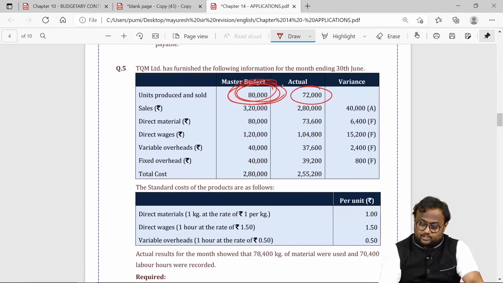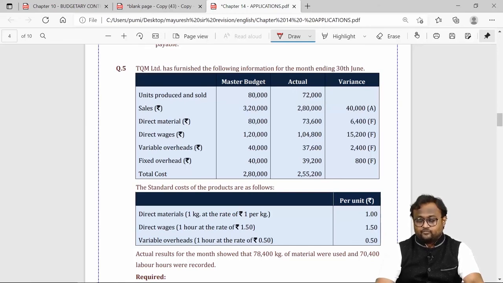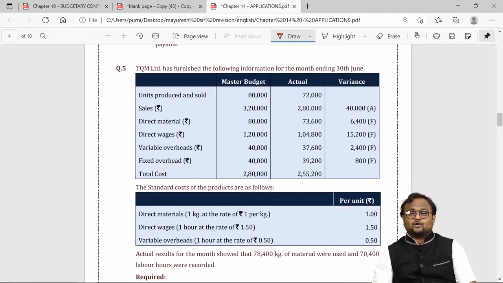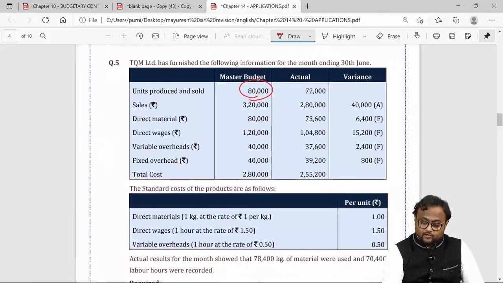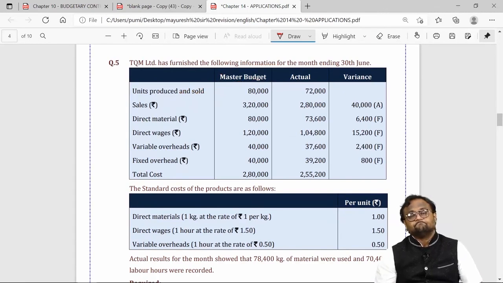So the budget of 80,000 will be converted into a budget of 72,000, and then the budget of 72,000 will be the base, and the actual of 72,000 will be compared with the budget of 72,000, and you will get variances.